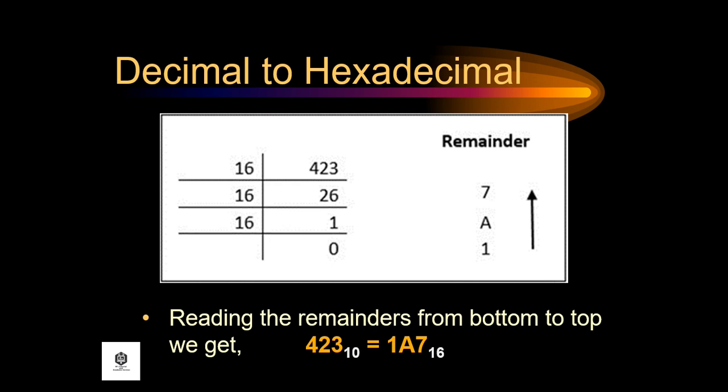Then 1 divided by 16 is equal to 0, and the remainder would be 1. So reading the remainders from bottom to top, we get 423 decimal is equivalent to 1A7 in hexadecimal.